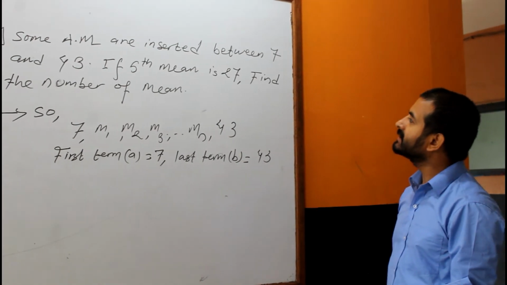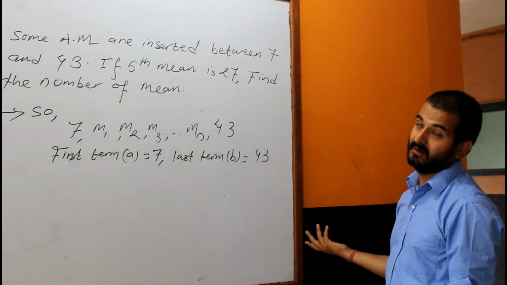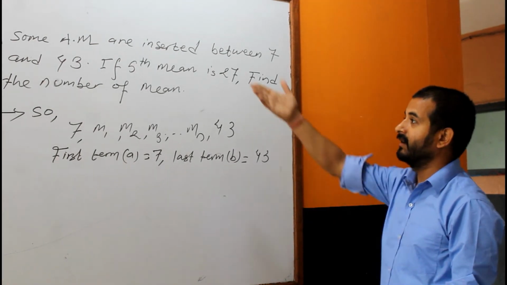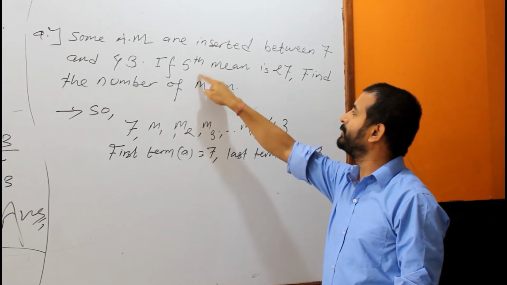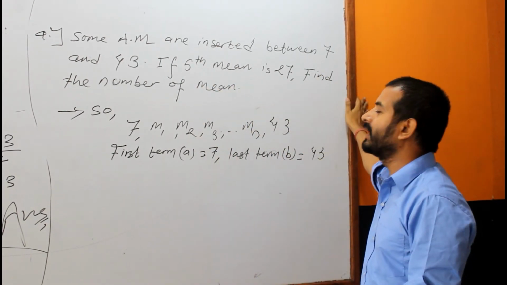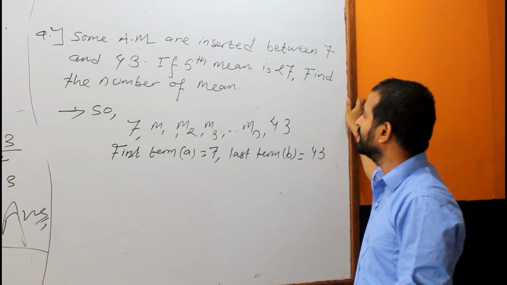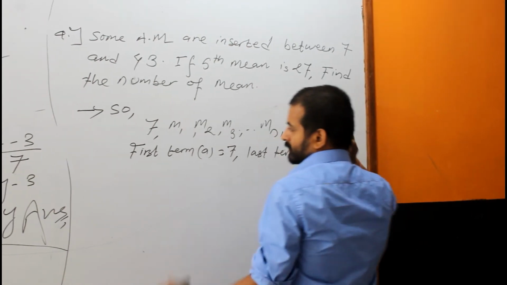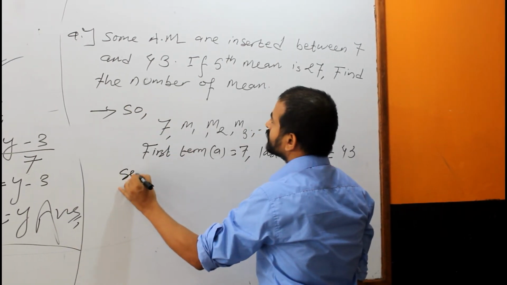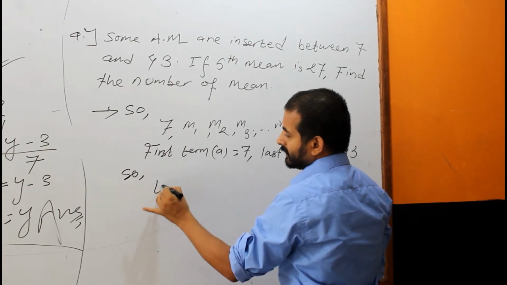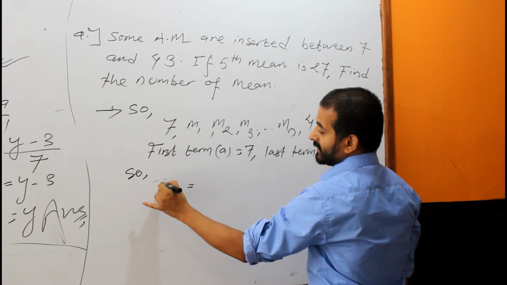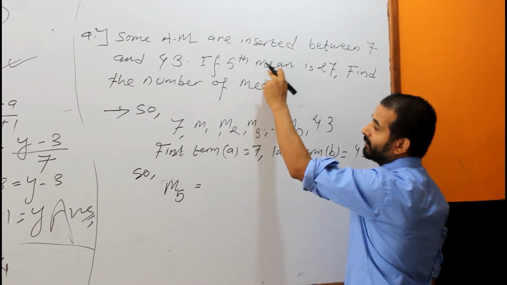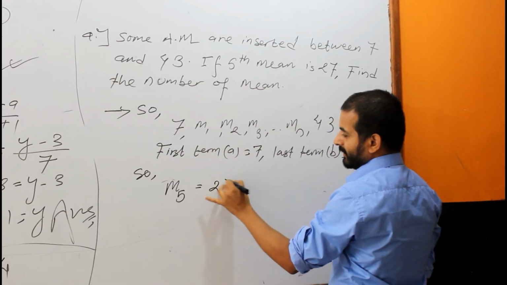Now let's try to find out how we can get the number N. The given condition is that the fifth mean is 27. So we know that the fifth mean is M5, which is 27.